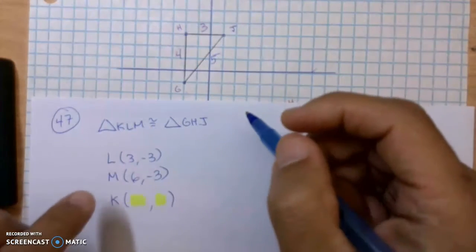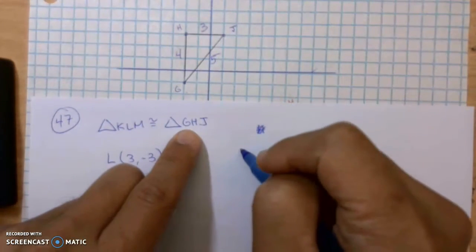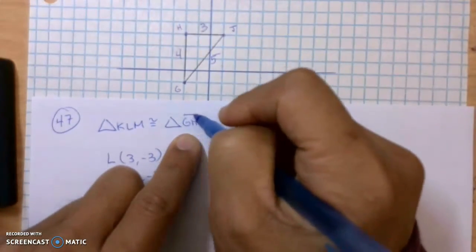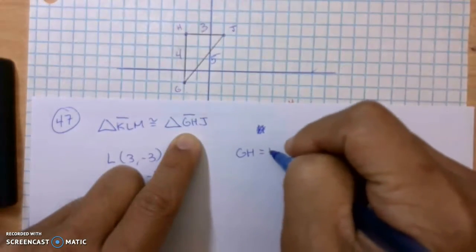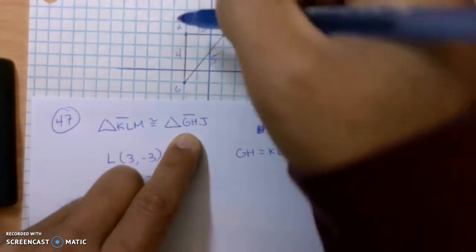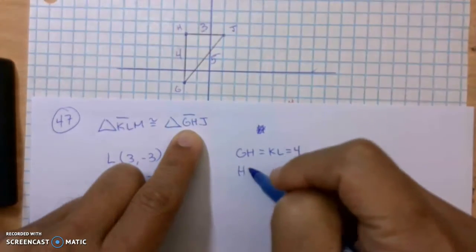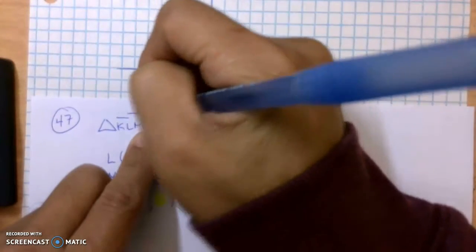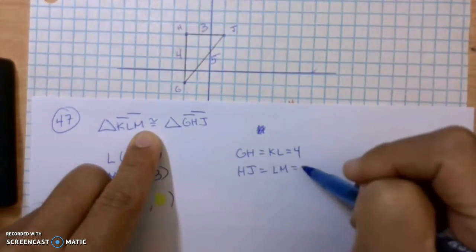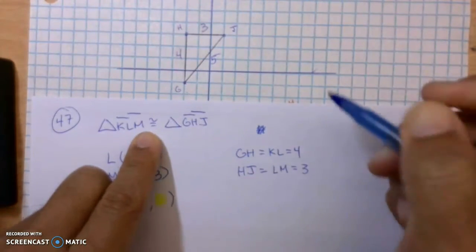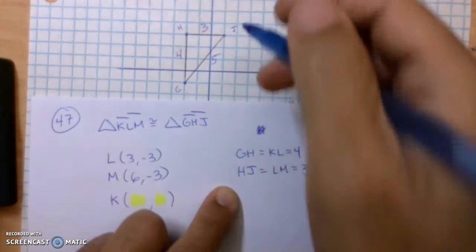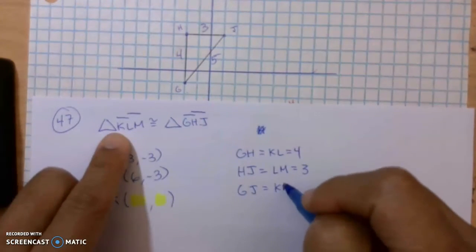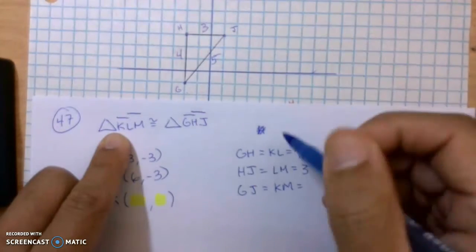And so, again, G to H, up and down, which is 4, by the way, that is the first two letters, is the same as K to L, which is also 4. H to J, the second and third letters, is the same side length as L to M, which is 3. And finally, G to J would be the same as K to M, which is 5.